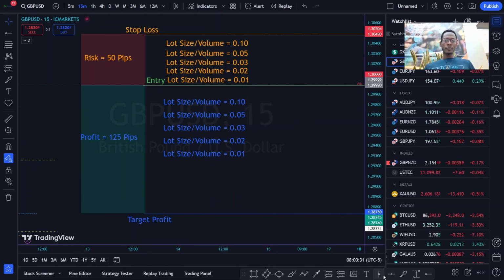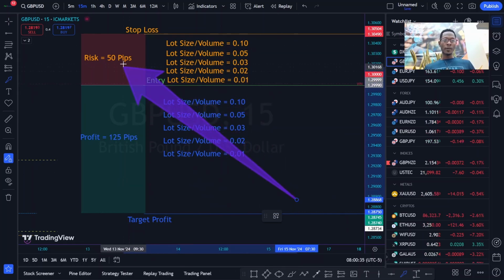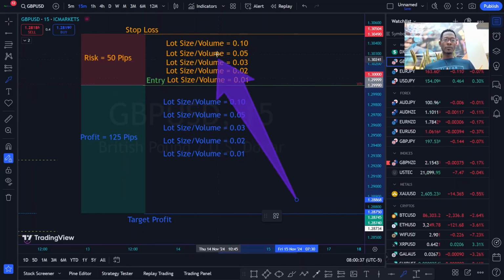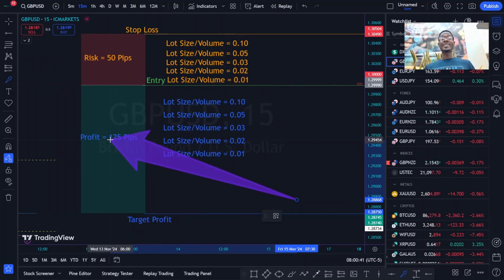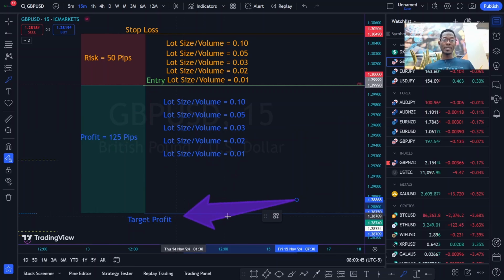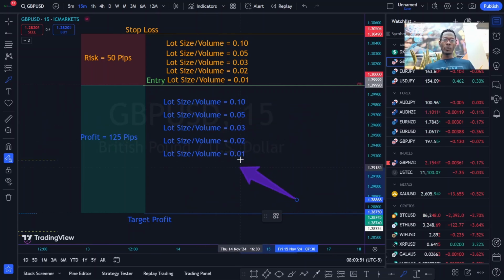Now, as we are calculating pips, right? We are calculating pips here. We're risking 50 pips with this particular volume. We're going to profit provided that the investment goes in our favorable direction and it hits our profit target or our target profit or TP. This is what it is we will gain when we have this lot size or this volume.